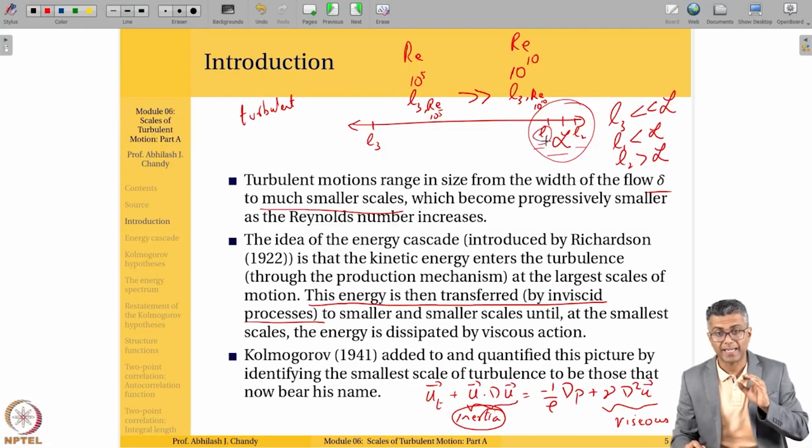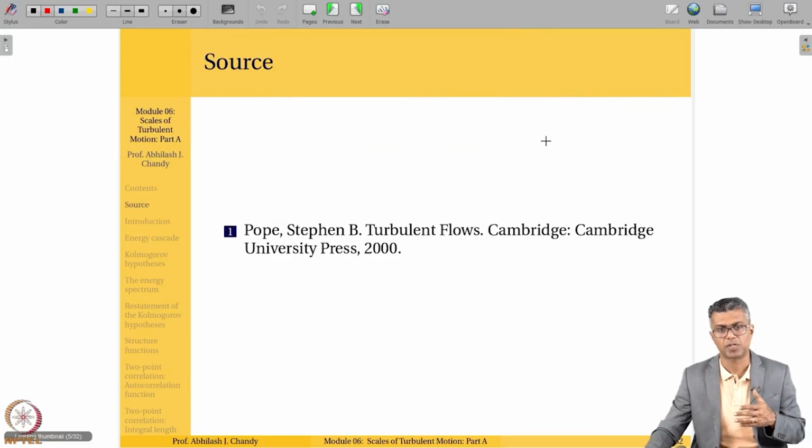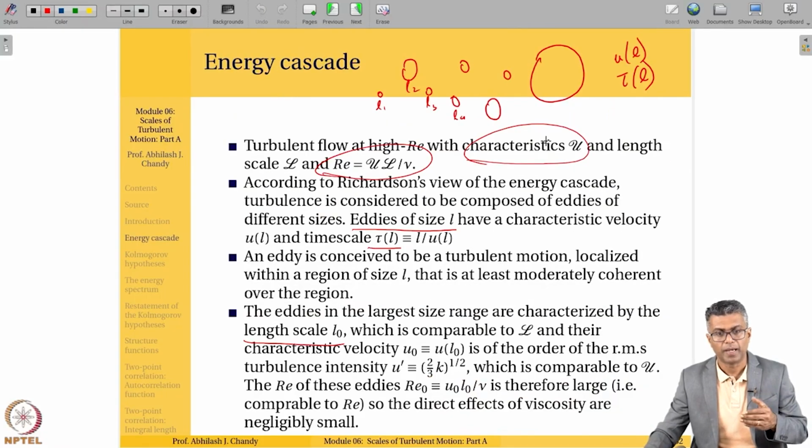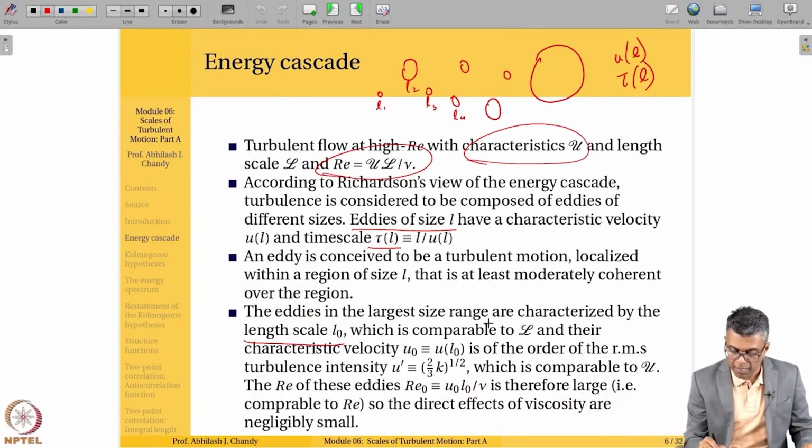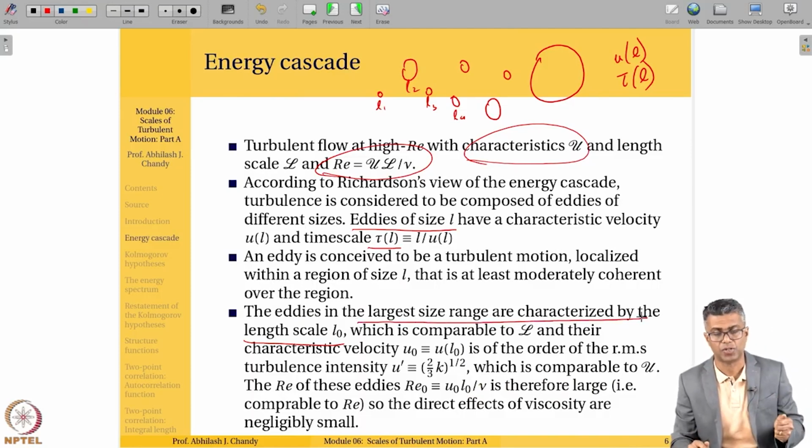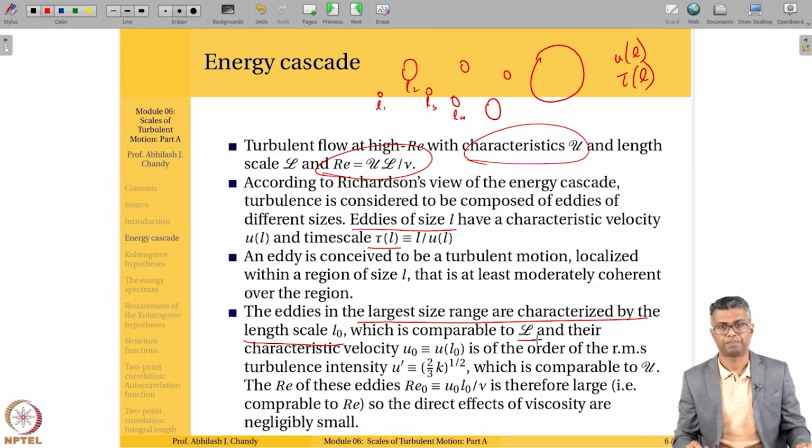I've just arbitrarily given some names here as L1, L2, L3, but we'll have more formal names as we go. So the eddies in the largest size range are characterized by length scale L0, which is comparable to L, of the same order of magnitude as the characteristic length scale.